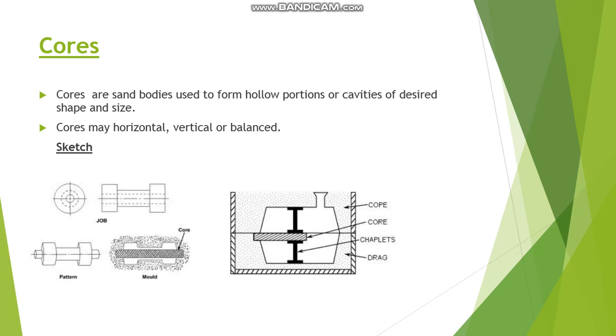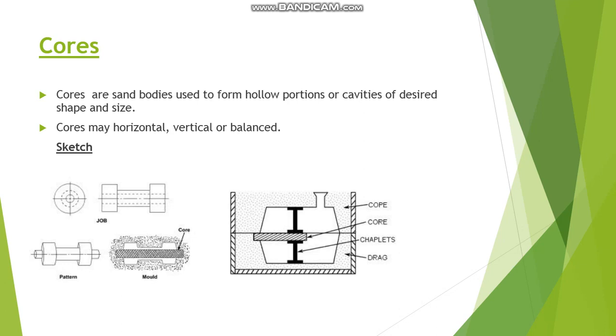Now see in the mold how the core is placed. The core is placed in the space generated by these core prints. So two halves: one half is made on the bottom, another half on the top, and one is placed on top of the other, and the final shape is generated like this.